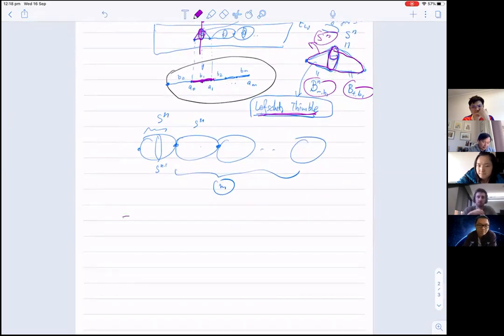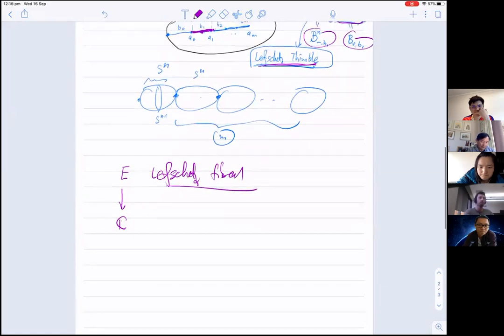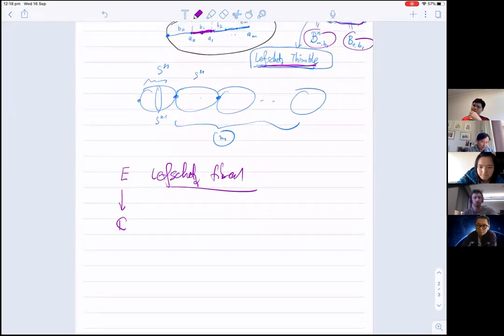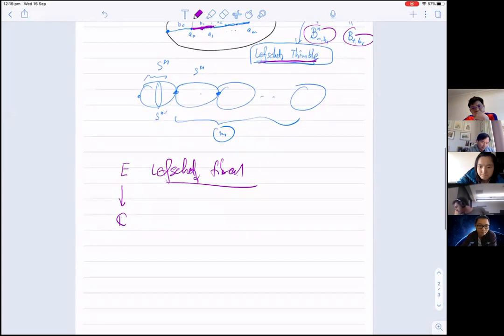Suppose we have E, together with a Lefschetz fibration, and then we also have a fiber. Here we have the Lefschetz fibration over some point, say x0.